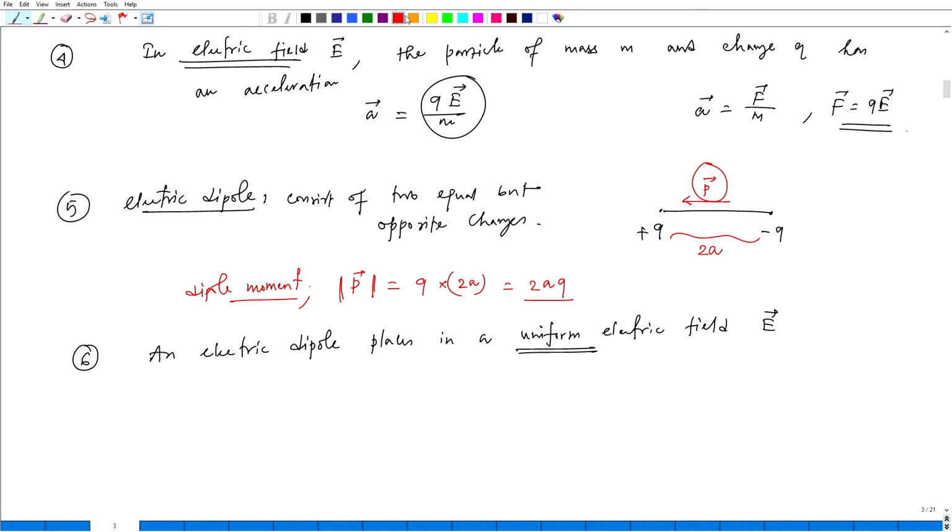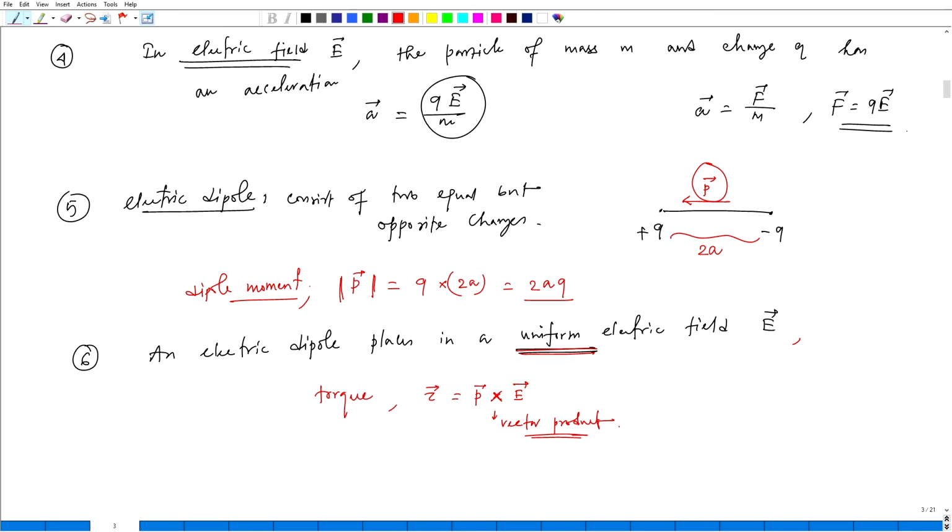It depends on whether you consider a uniform electric field or not. So first we consider the uniform electric field E. On this dipole there is a torque. The torque tau vector equals p cross E. This is a vector product, the cross means the vector product.